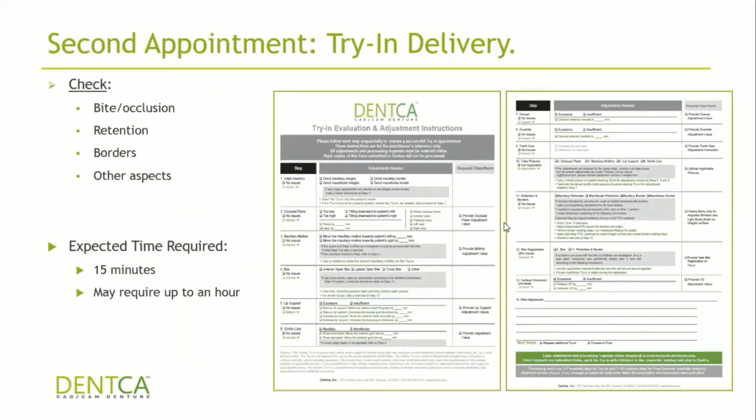So once you get the 3D printed denture trine, you're also going to get a paper from Denka, assuming we manufacture for you. If you want copies of these papers, we can provide them for you as well. And what the Denka trine evaluation and adjustment instruction does for you is it takes you step by step on what to do during that trine delivery.